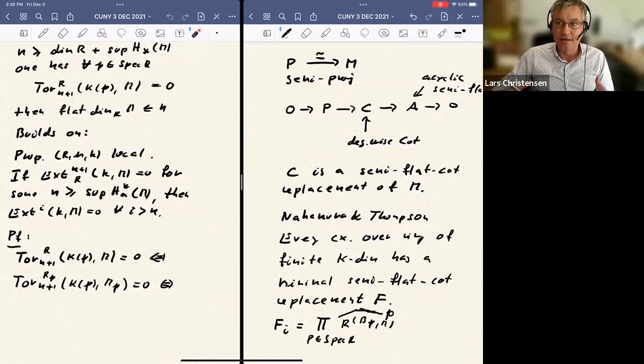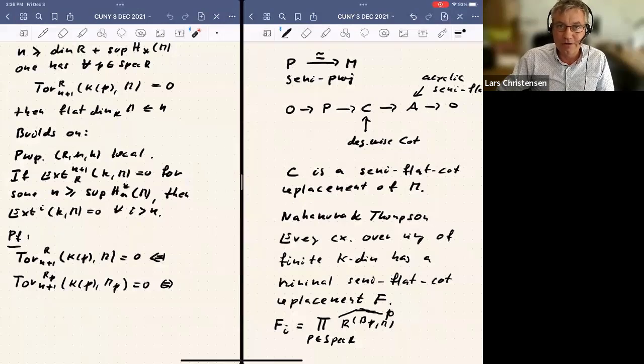So this gives us a way to compute. Remember, it was this pesky co-localization, derived co-localization, that pushed the bound up in the paper from 19. That's because we didn't have any control over what that co-localization looked at.